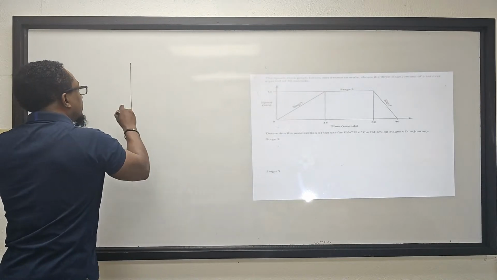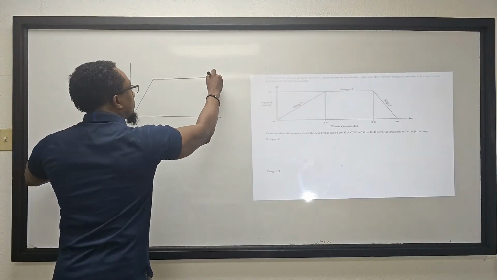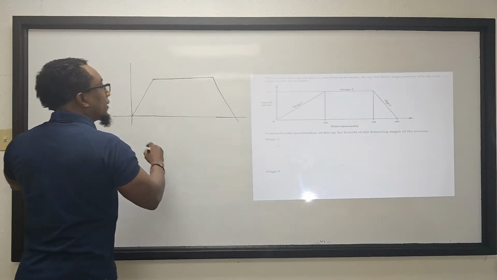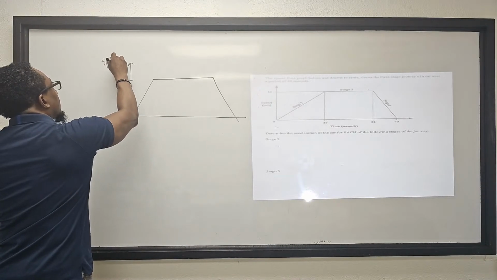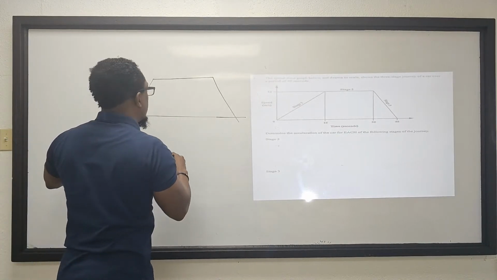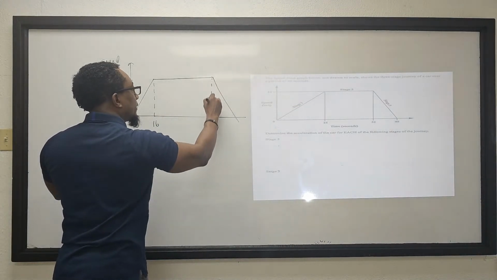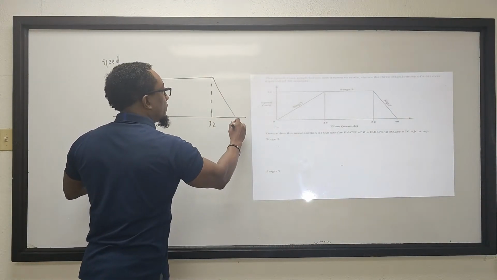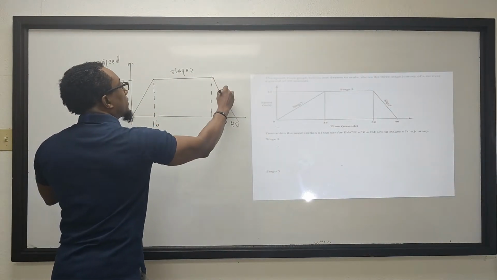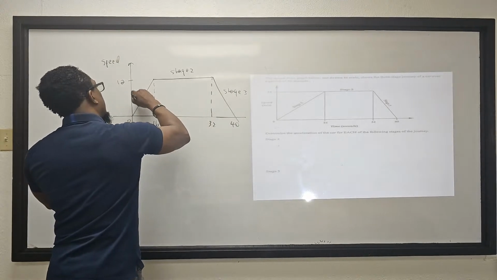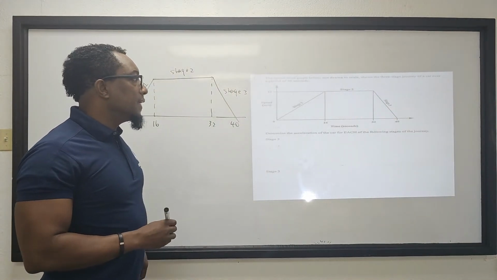So you have here, this is 12. This is our speed. This is 16, 0, 32, 40. So this is stage 2, stage 3, stage 1. So they want us to determine what is the acceleration.